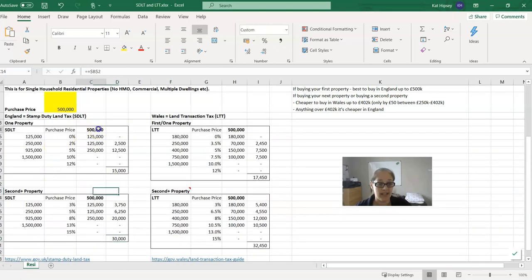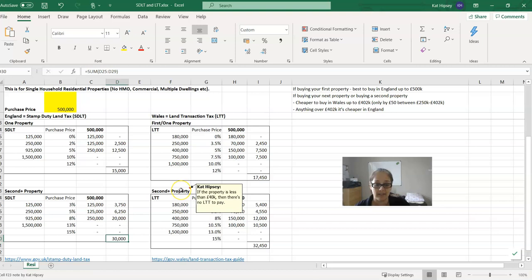As you can see, the same 500,000 property is now going to cost someone with a second home double what the stamp duty would be if it was your main residence. So it's really worth doing your sums before you enter into this, because it can make a massive difference to your investment. In Wales, it's the same again, 3% up on the original prices.